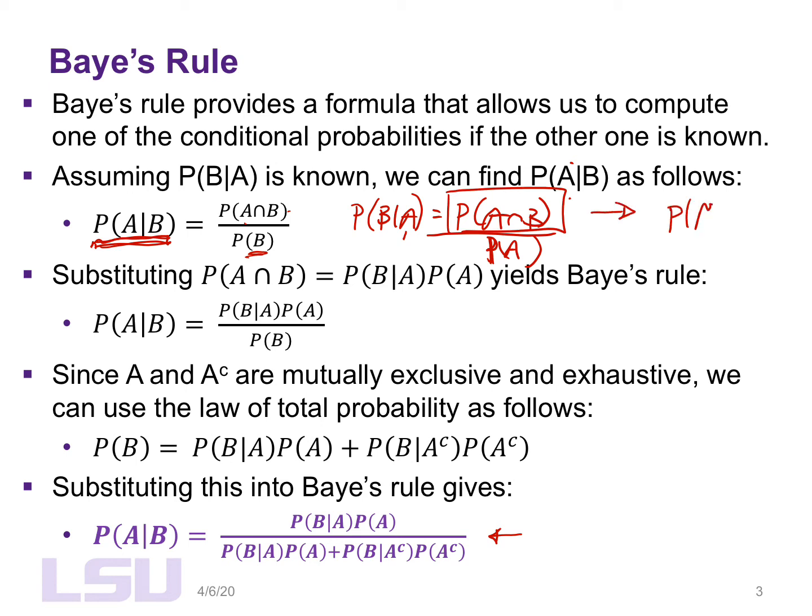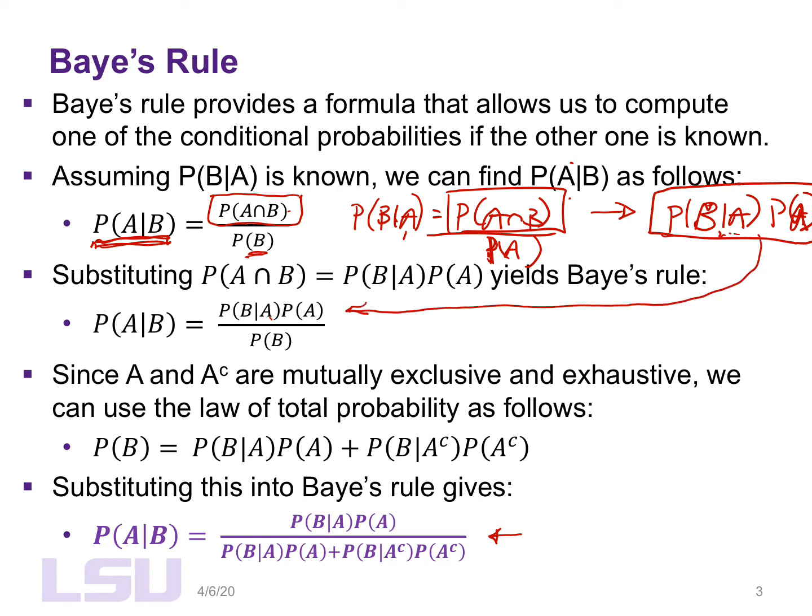It's going to be P(B given A) times P(A), which is the marginal probability of A. So you can substitute this in this, and that gives you exactly what is written here, right? So instead of probability of A intersection B, we have written probability of B given A times probability of A, and you're still dividing by probability of B. And if you see that, this is what you're looking for, right? This is what is unknown. This is what is given. So using probability of B given A, you can find probability of A given B. And this is precisely Bayes rule.